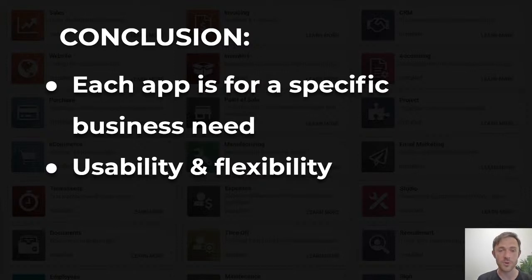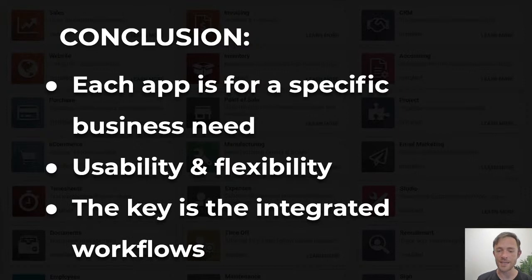And we also really prioritize flexibility, from how many different ways you can go about something all the way to the fact that you can customize pretty much everything. And really the key, the whole point of me showing that Odoo app map, is to just highlight the integrated workflows. It's those workflows together that make it usable and bring in the value of having a system like this.